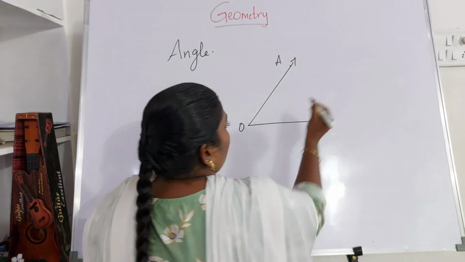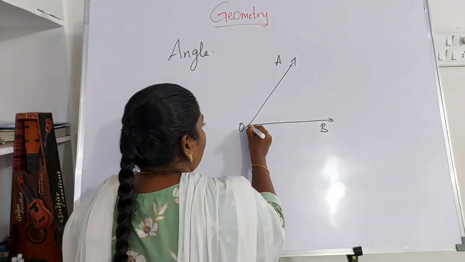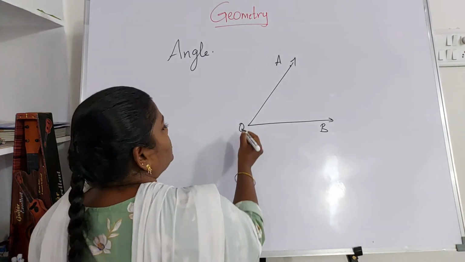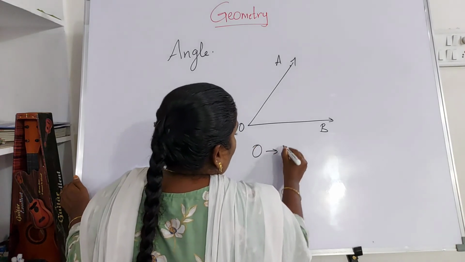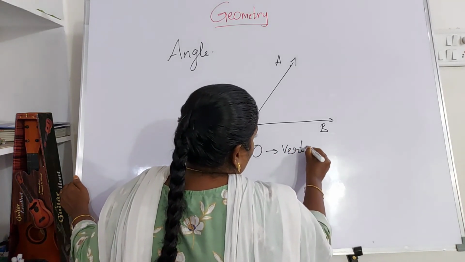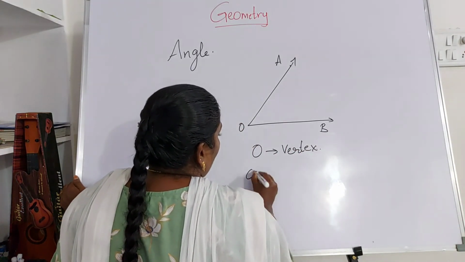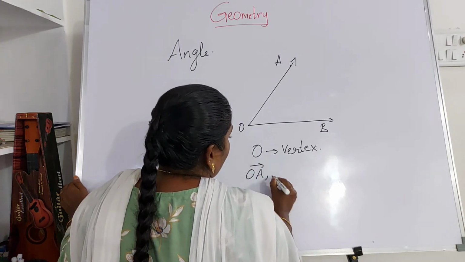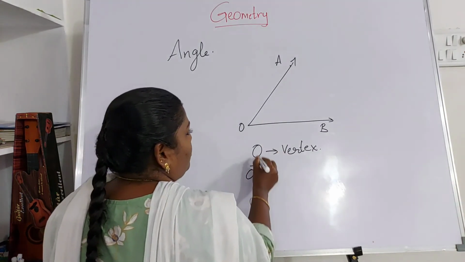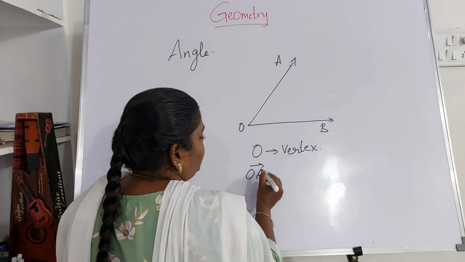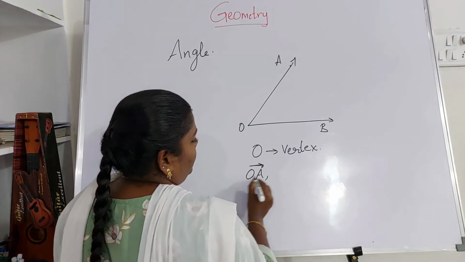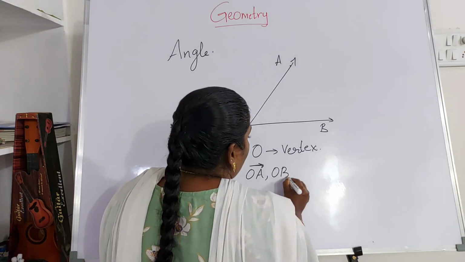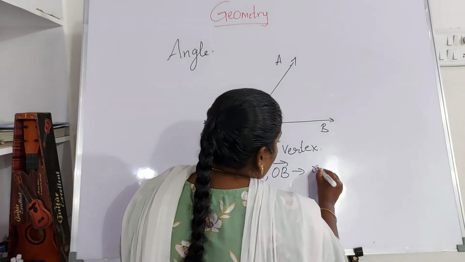Now OA and OB are rays and they both are meeting at a point O. So this O is called the vertex, and the symbolic representation of a ray is OA with a ray symbol above it, and OB are rays.